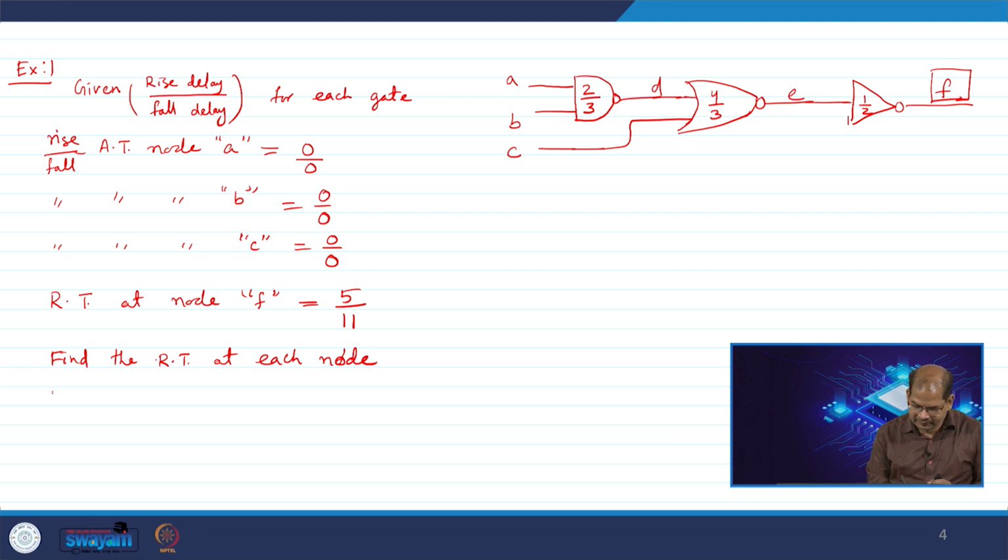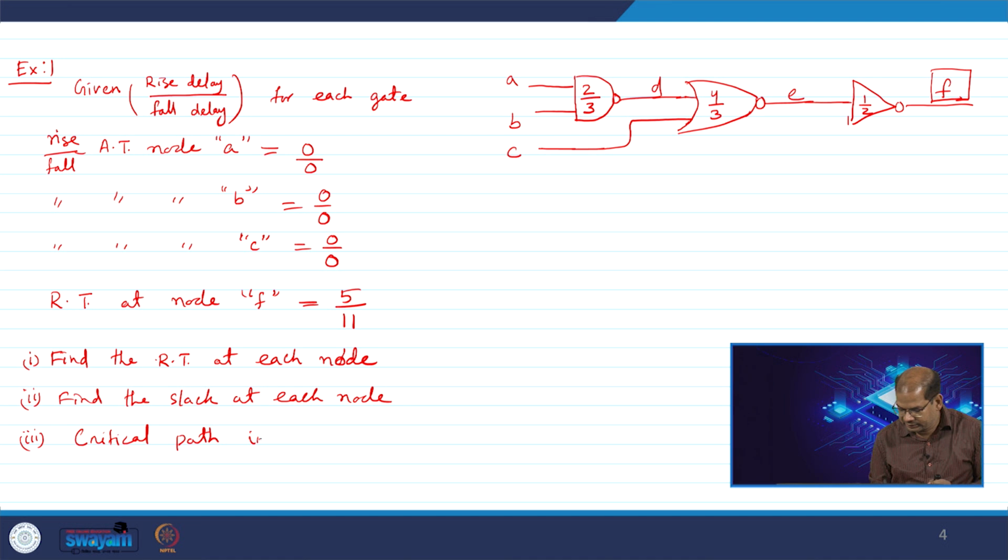This is the first; then find the slack at each node. Then the third point is to find the critical path in the circuit. So, this is the thing.